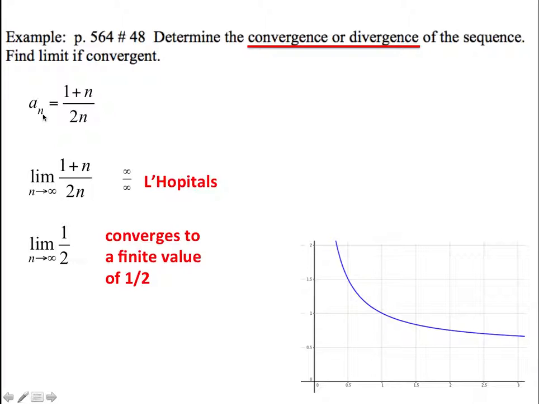When n is equal to 3, we have 4 over 6, which is 2/3, which is right here. We can see that those finite terms will start to trend toward the value of a half. So we say that the limit of this sequence is a half. In other words, all of these values trend towards a half as we go out to the infinite term.